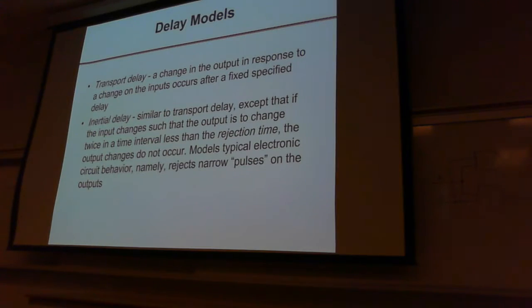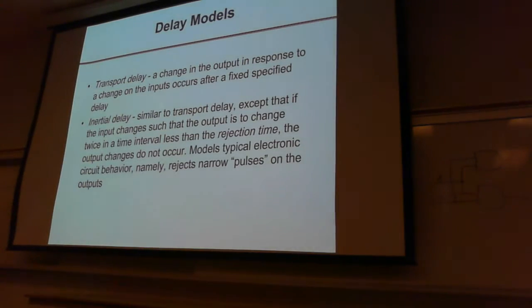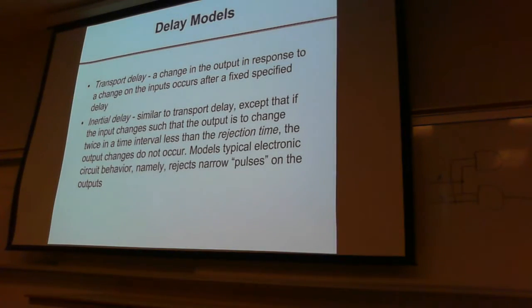In the case of inertial delay, it's very much like our transport delay, except that the output is going to be resistive because of the capacity change, just like we talked about before, okay? And one of the reasons why that's so important, the reason why they designed these chips to have this capacitive effect, is because a lot of these circuits have noise in them. All circuits have noise.